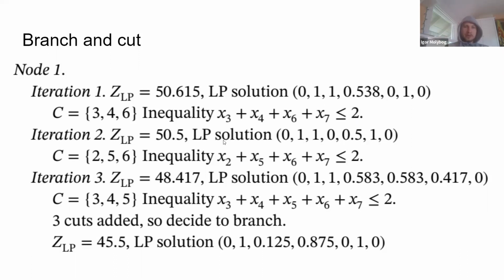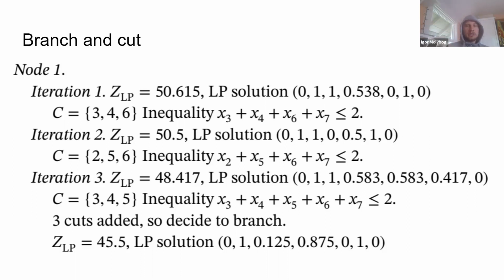This brings us to iteration 2. We solve the LP. We write down the solution, still not feasible for the original problem. We add a new cover, and we add the new extended inequality to the original problem. It's important to understand that we did not remove the previous inequality, right?